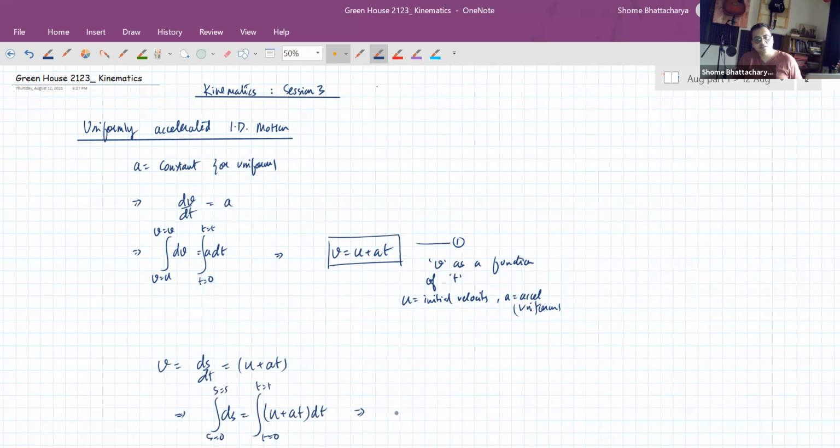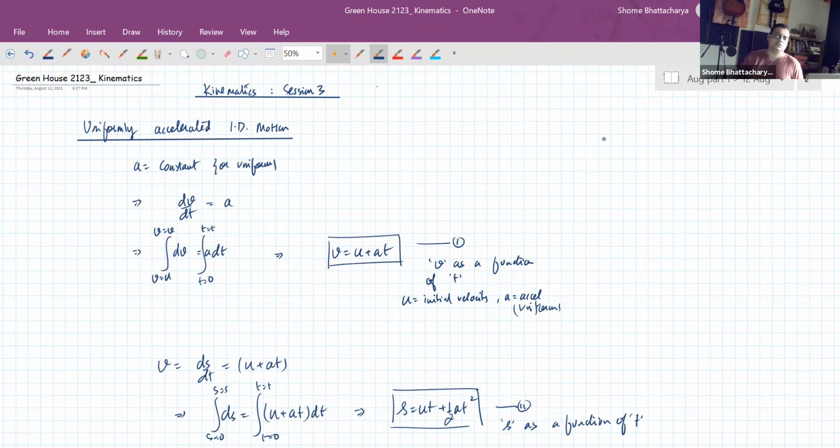So you got the second relation, s is equal to ut plus half at square, which is displacement as a function of time. So you can quickly review these two integrations. We have done this in the previous lectures, so you don't need to write down all the steps in detail, but you can just review, and in case of any doubt or in case something is not clear in this, you can just clarify that with me. Then we'll discuss further.